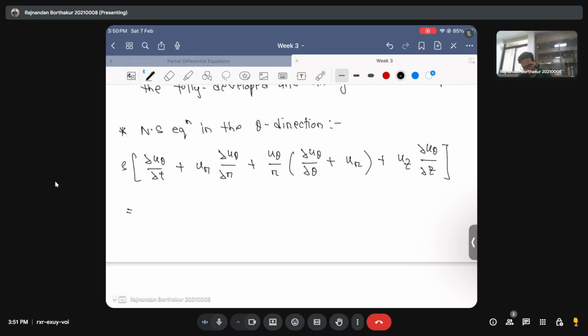And then we have the pressure gradient, which is 1 upon r times del p by del theta.